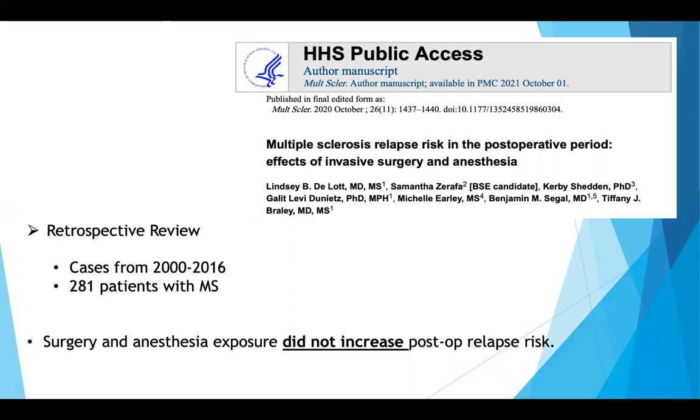It looked at cases from 2000 to 2016. They had a total of 281 patients with multiple sclerosis. Out of those patients, they looked at their risk of relapse during a 90-day postoperative window.